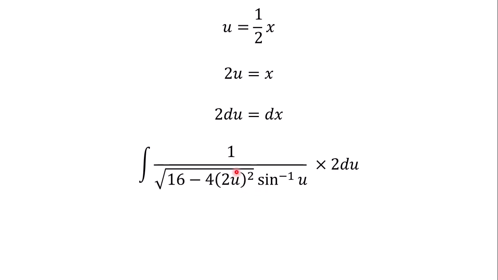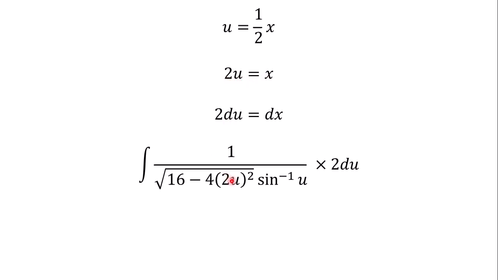After replacing them, we have an indefinite integral of 1 over the square root of 16 minus 4. Remember, in the x world, here was x squared, but because we have moved from the x world into the u world, what is replacing x? You see that x is equal to 2u.